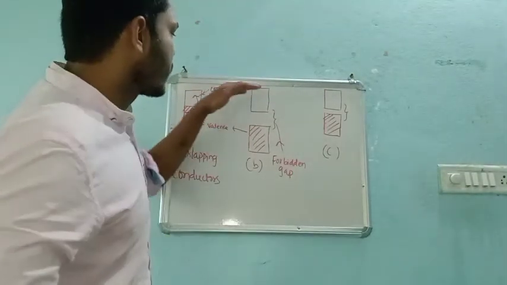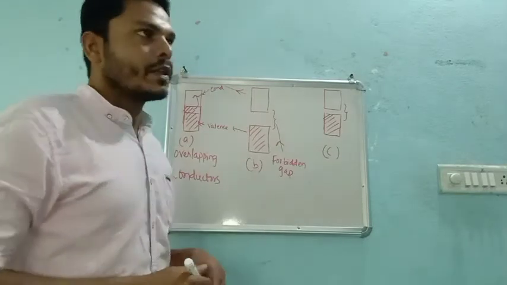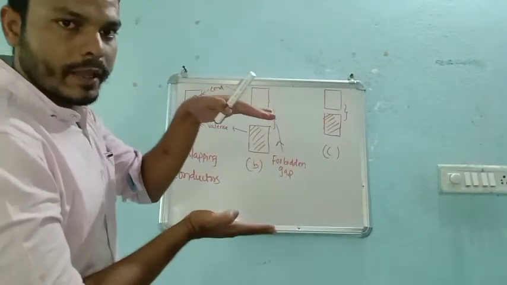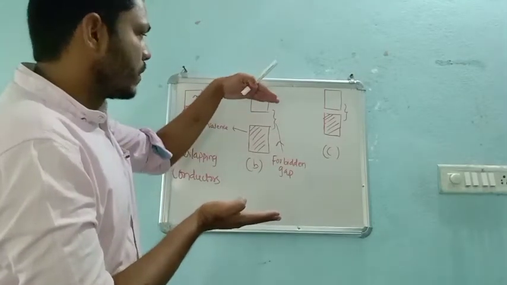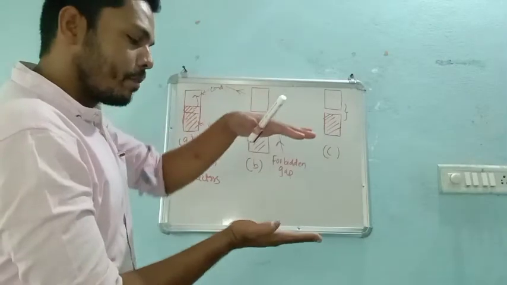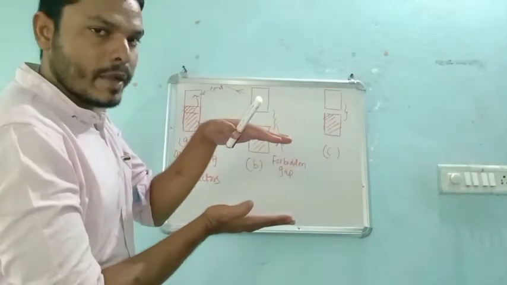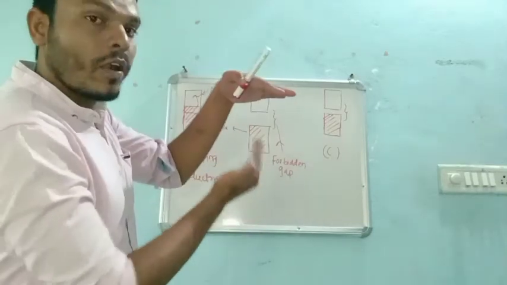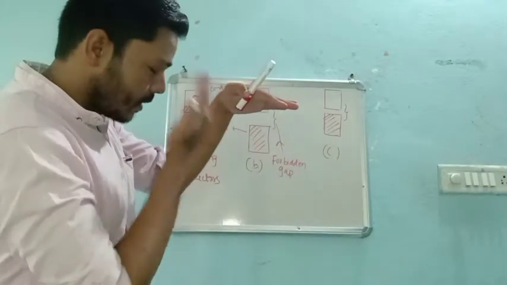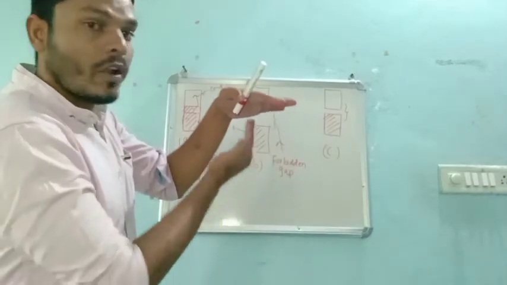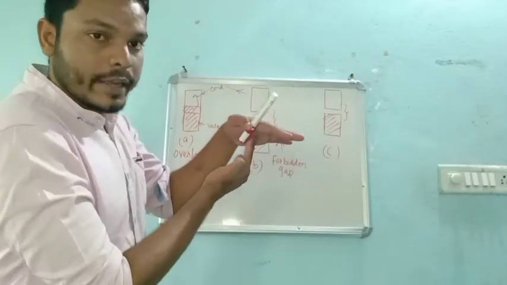Now the case is different in B. There is a big gap between the conduction band and the valence band. If there is a big gap, then the electron present in the valence band will not transfer to the conduction band.